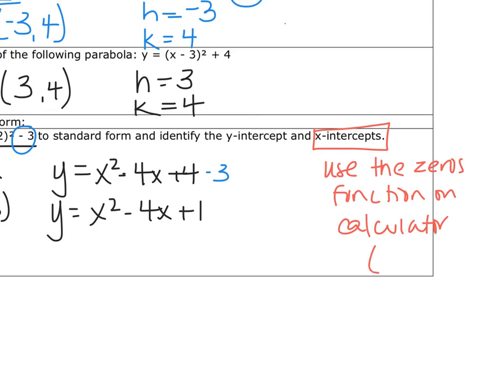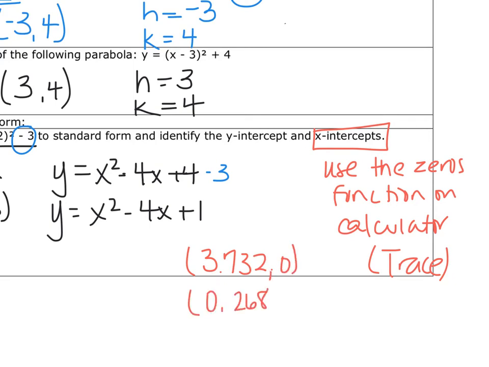And I believe that's under the trace button. So when we do that on my calculator, my zeros, or my x-intercepts, were 3.732 and 0 and 0.268 and 0. So those were the x-intercepts. And the y-intercept is easy to find. The y-intercept is just a positive 1.